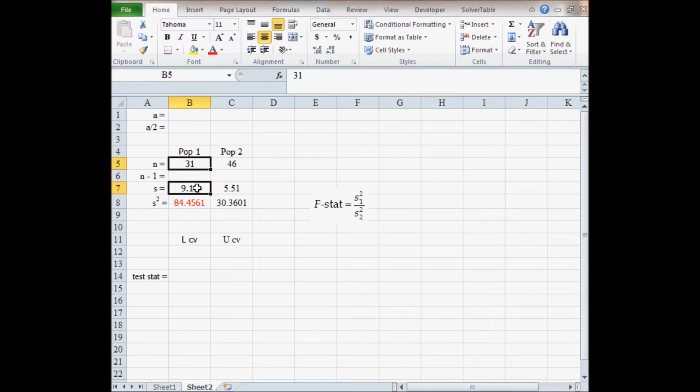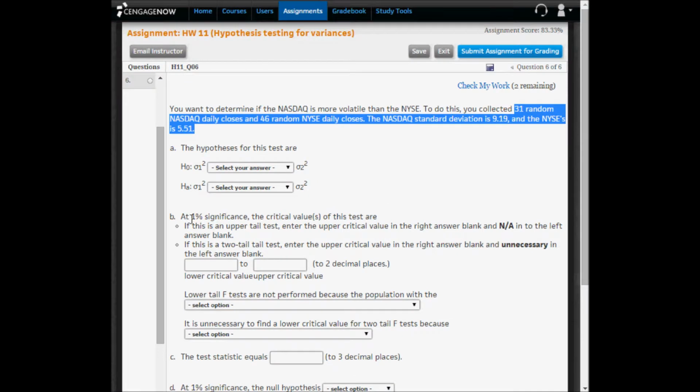So the numerator degrees of freedom is 30. The denominator degrees of freedom is 45. This goes in the numerator of the F statistic. That goes in the denominator of the F statistic. Hence, this is the numerator degrees of freedom, and this is the denominator degrees of freedom. The alpha level for the problem, the significance level, is 1%.